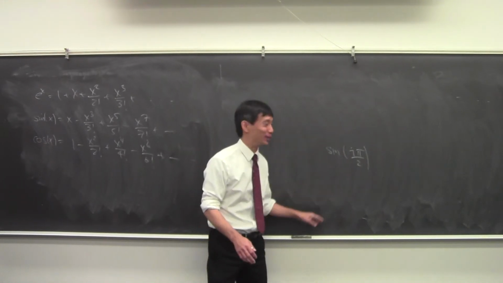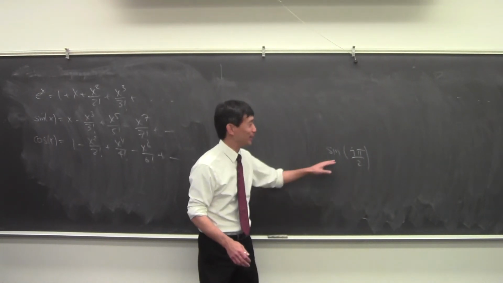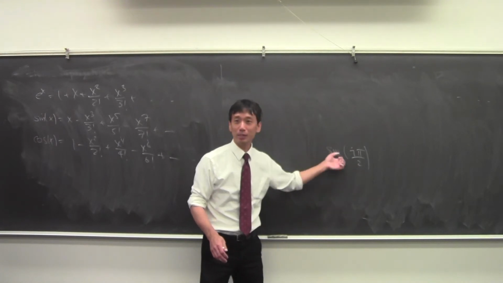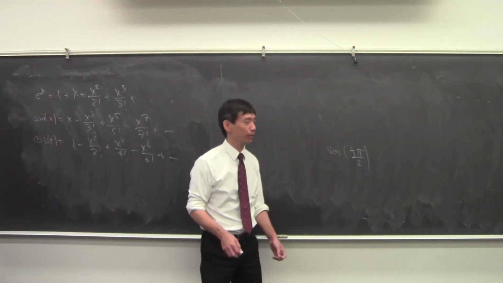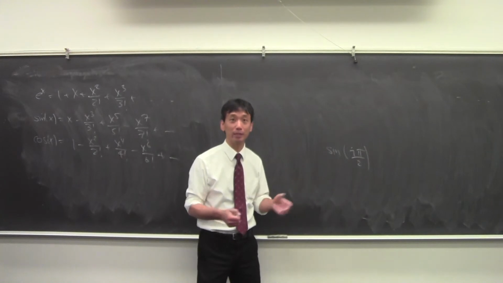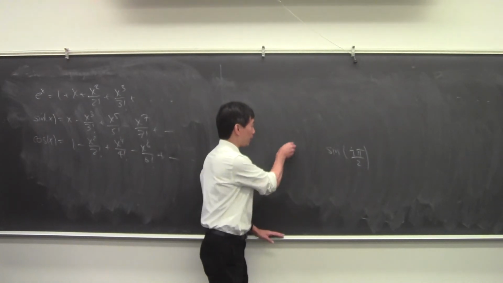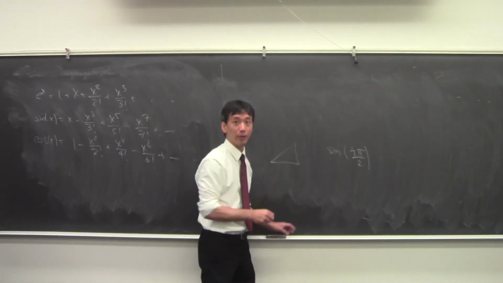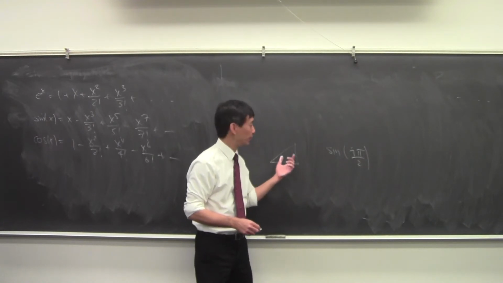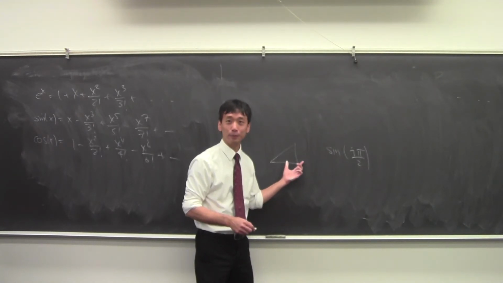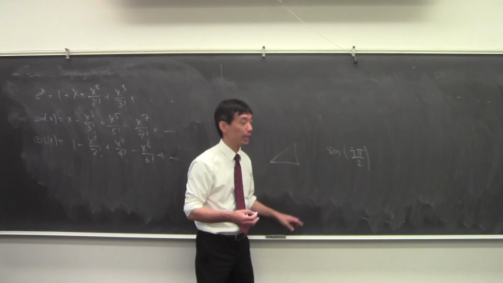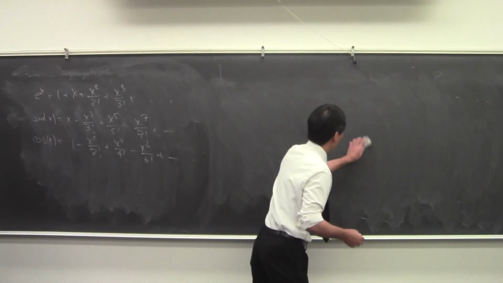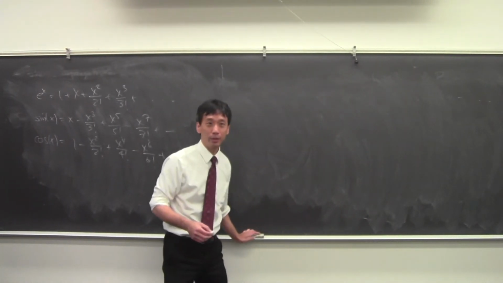And somebody says, "What's the sine of i pi over 2?" And you're like, "What? That doesn't make any sense to me." Because you're thinking of sine in terms of angles, right? And you say, what does it mean to have an imaginary angle? But now you have a way of talking about it.